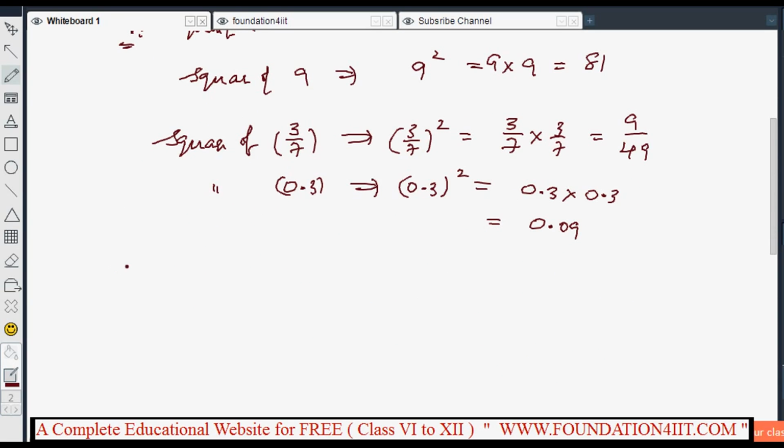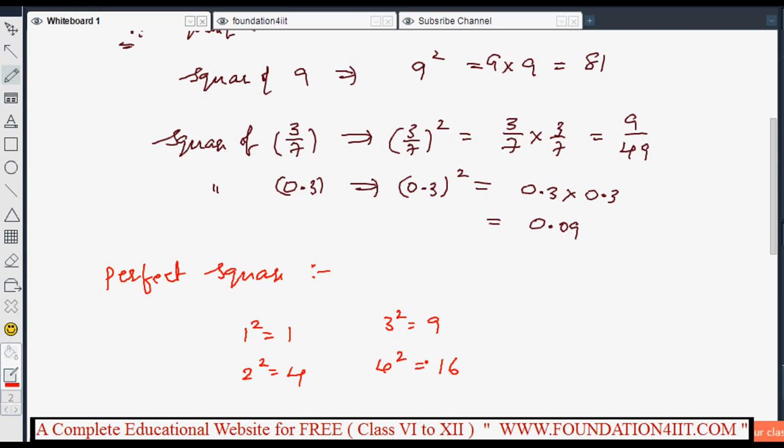What is a perfect square? A natural number is called a perfect square if it is the square of some natural number. Now we have 1 square is equal to 1, 2 square is 4, 3 square is equal to 9, 4 square is equal to 16.